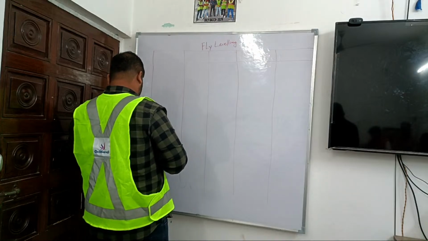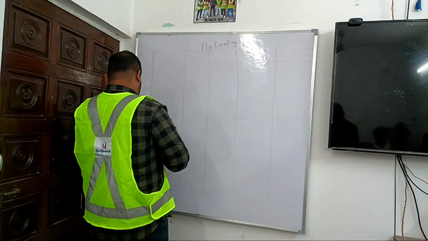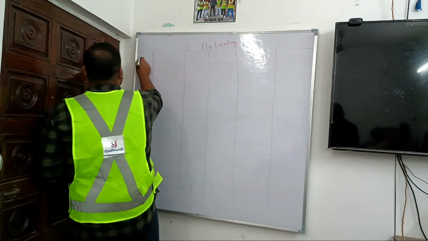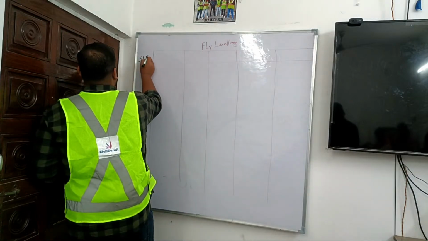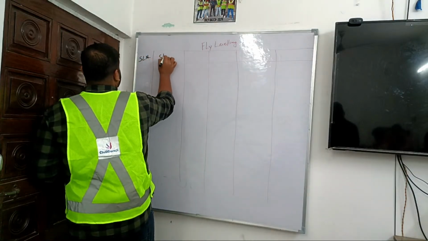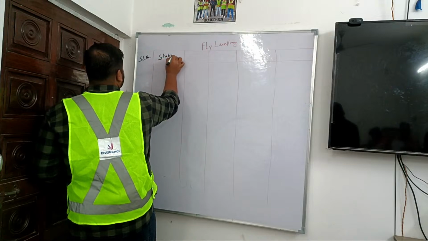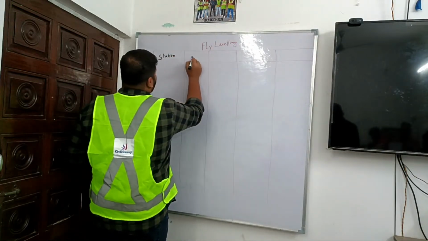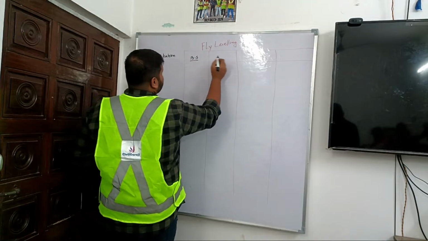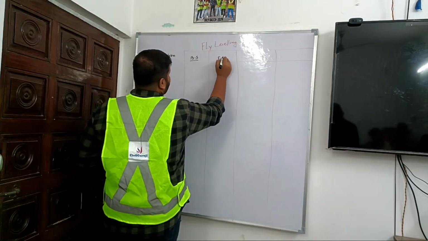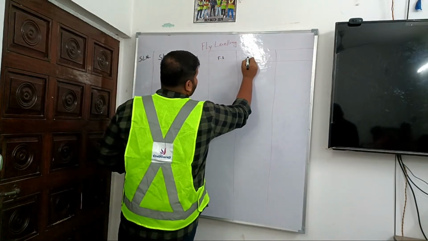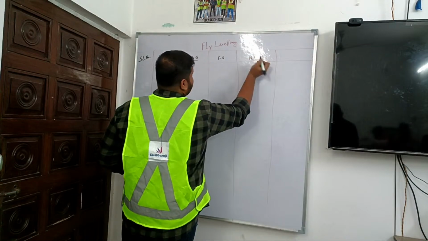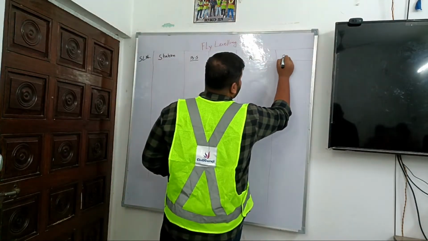So let this be the serial number. The next column will be station. This will be our backside. Here we will take our foresight. Here will be our RL, and here will be the remarks.